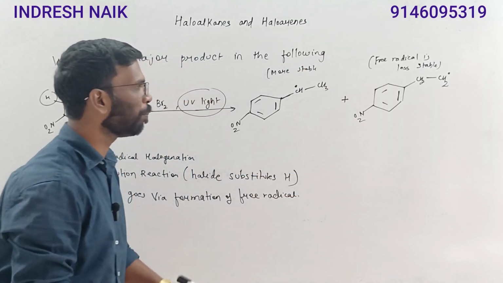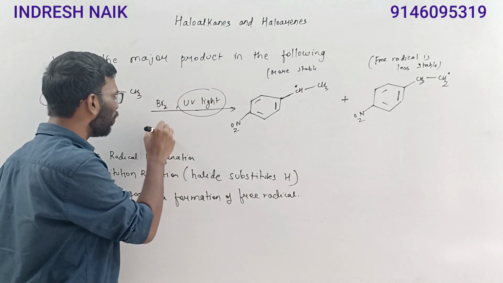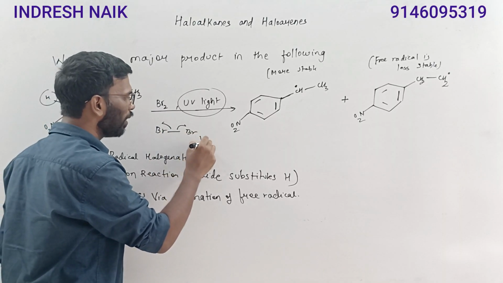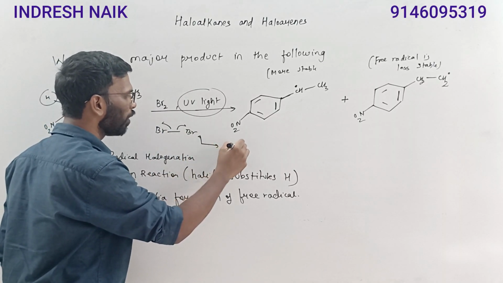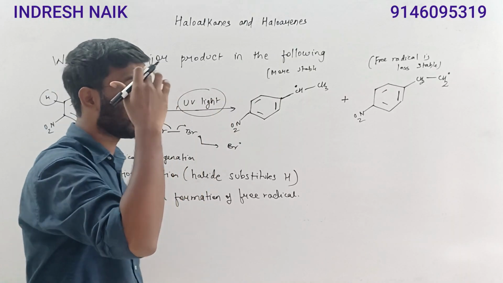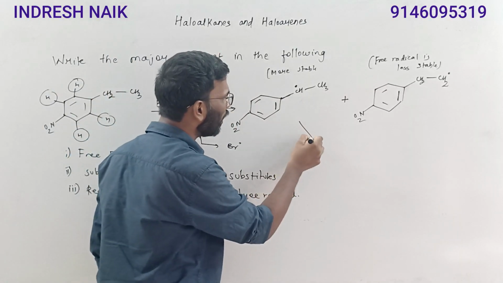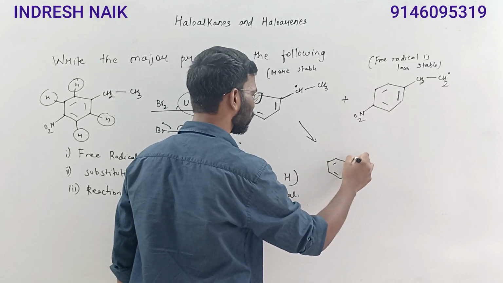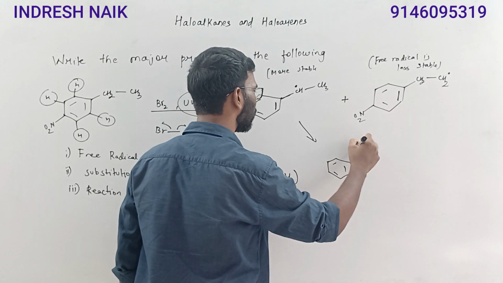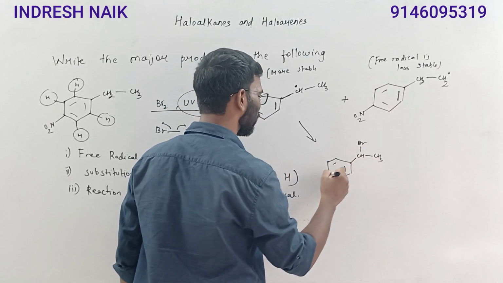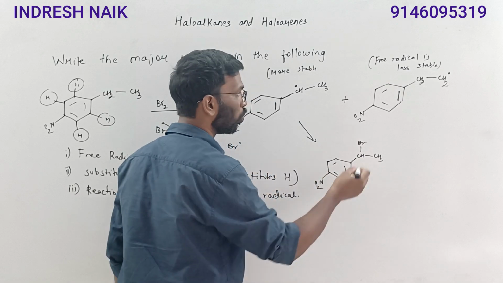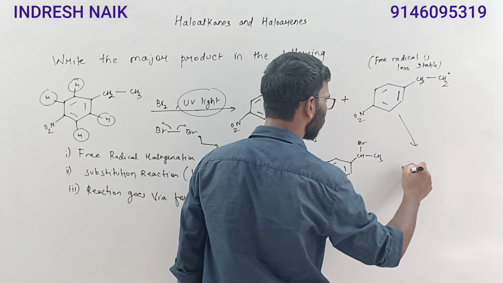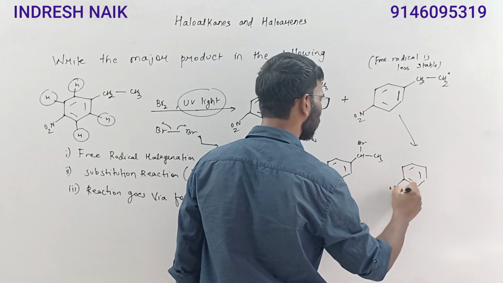So finally the Br will also come, like homolytic cleavage takes place, right? Homolytic cleavage takes place over here, and Br is also coming as a free radical. Now free radical and free radical will form one bond. So this will lead to the formation of this product, CH Br CH3, and this is NO2, and this will lead to the formation of this product.